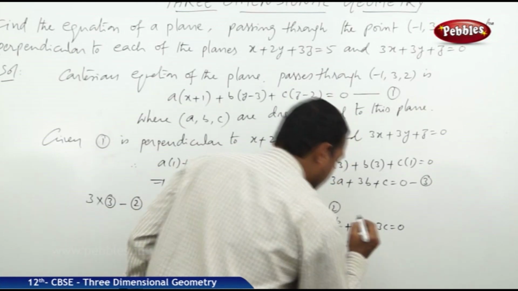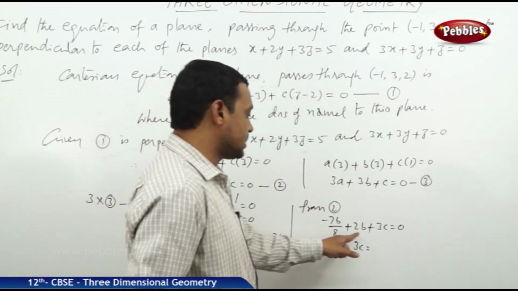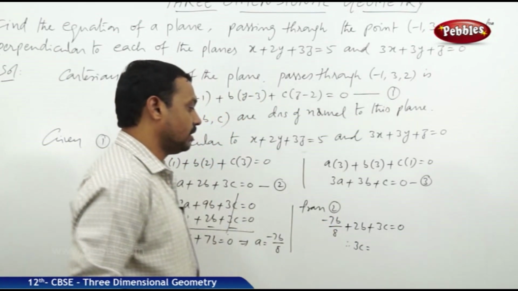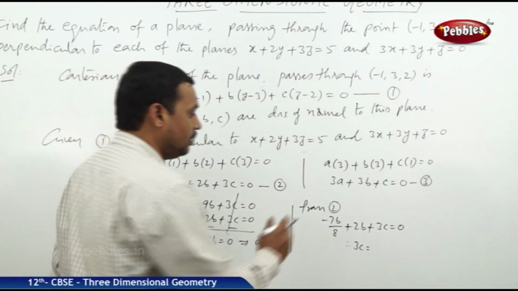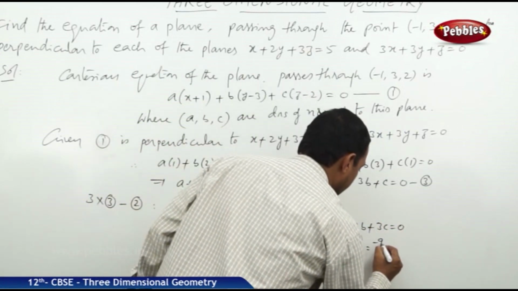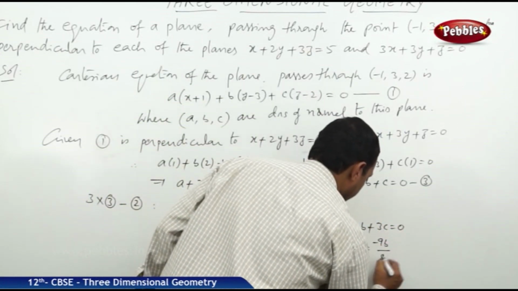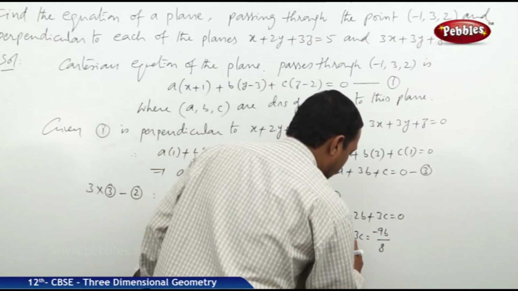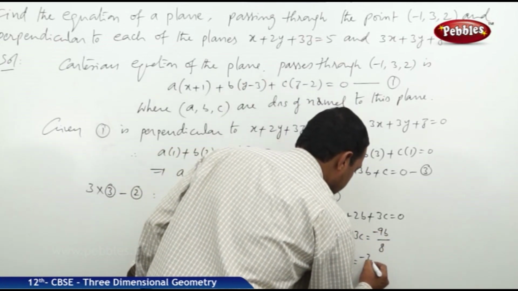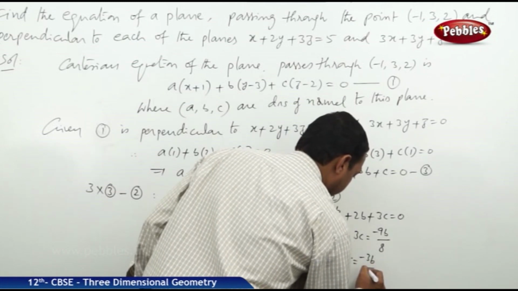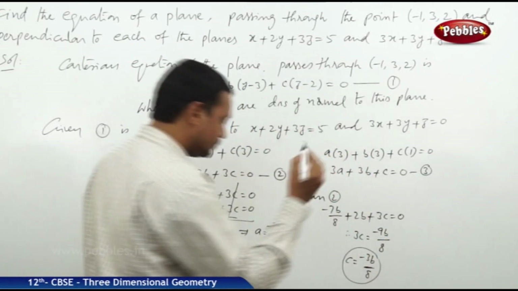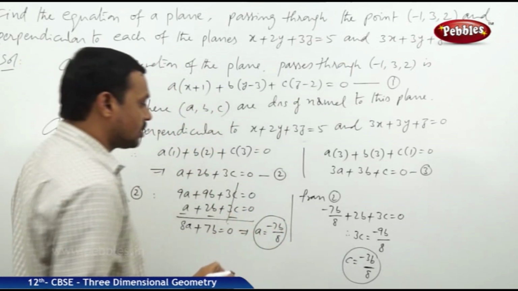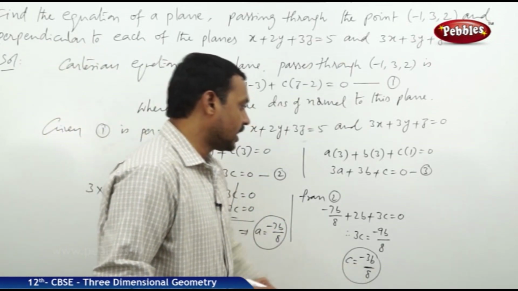Therefore, 3c is equal to, when we take the LCM for these two terms, minus 7b plus 16b, that is 9b, moved to the right side, minus 9b by 8. Now cancel 3 on both sides, therefore c is equal to minus 3b by 8. This is the c value in terms of b.